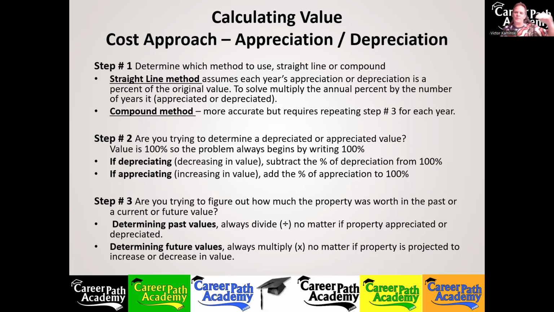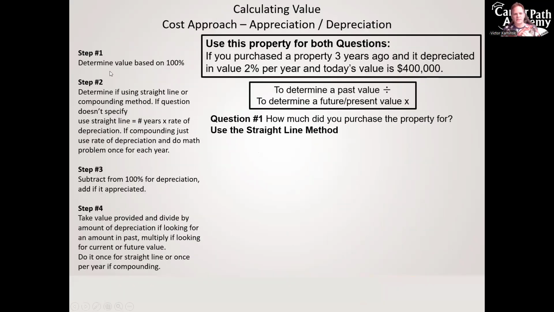To figure out a value in the past, if they tell you how much the property's worth today but want to know how much you bought it for, you divide. If they tell you that you bought it for so much in the past and want to know how much it's worth today, you multiply. So here are these steps again on the side. You determine the value based on 100%. Then you determine if you're using the straight line or compound method.